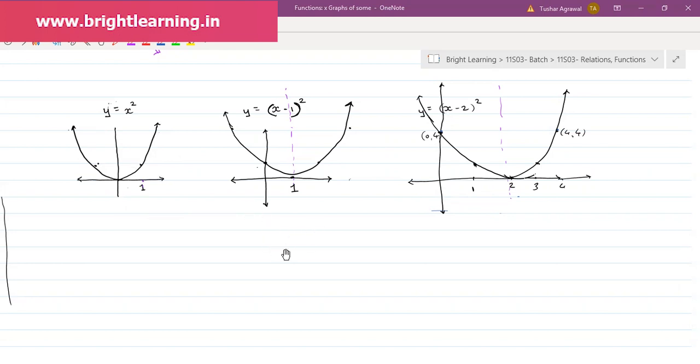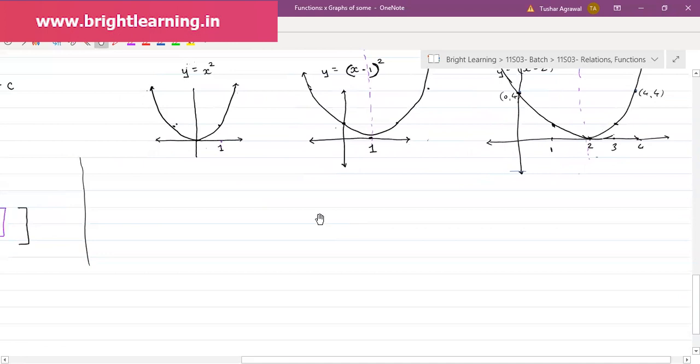Now, what happens if I make one small alteration? y equals x square plus 2. What will happen?